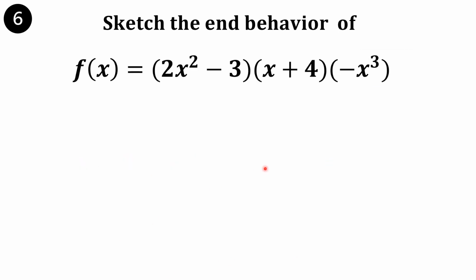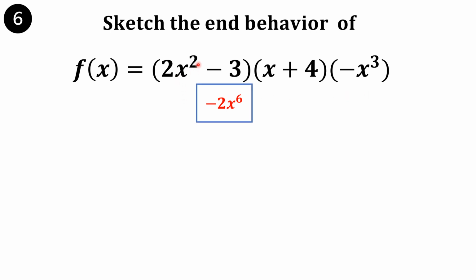Next one, again, sketch the end behavior of f of x equals quantity 2x squared minus 3 times quantity x plus 4 times quantity negative x cubed. Simplify by multiplying the leading terms of all the binomials and the monomial.